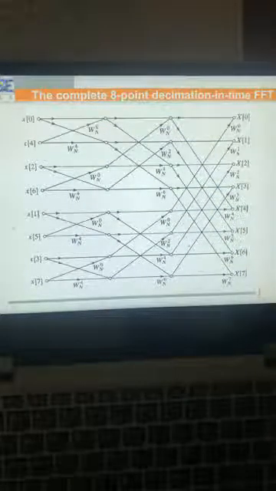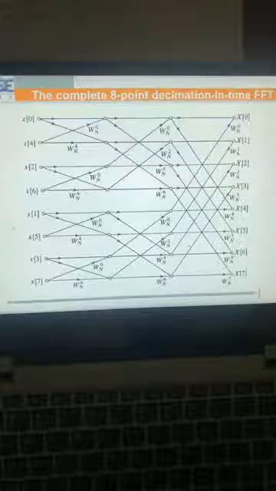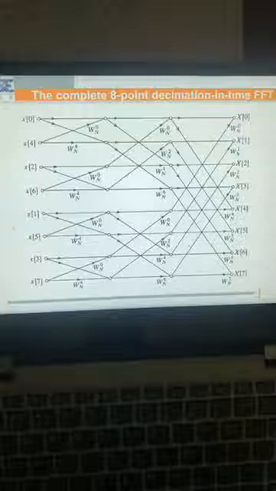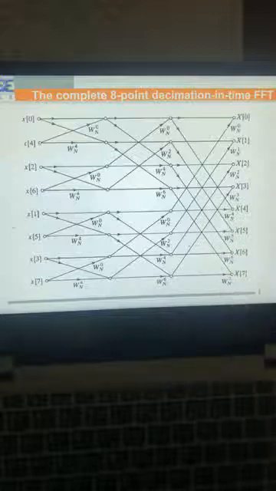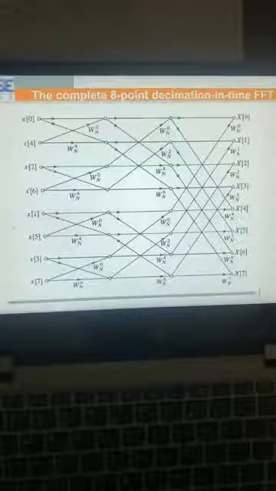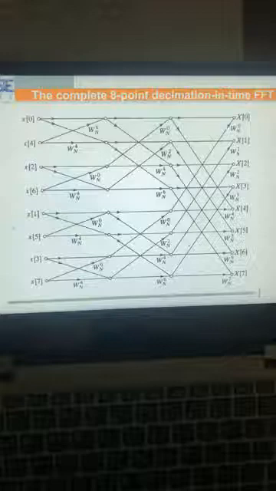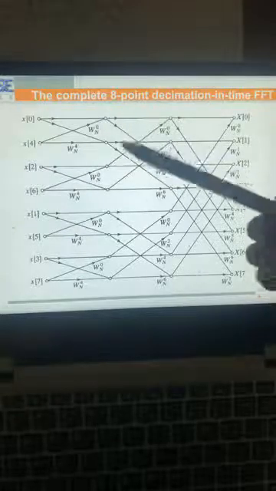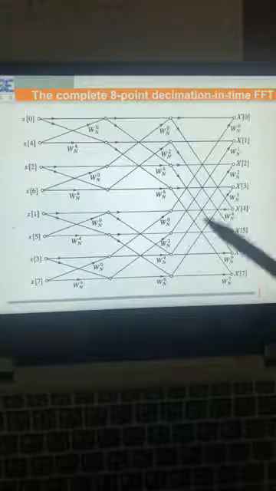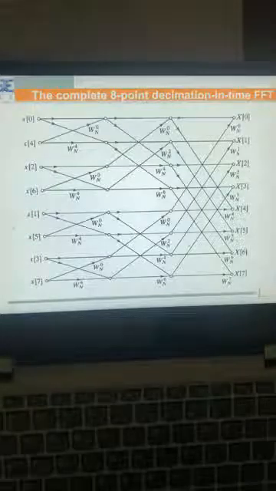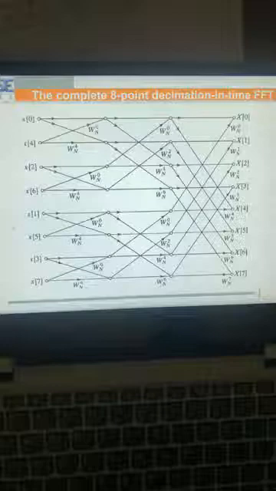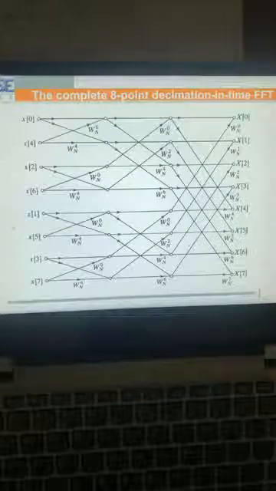Very regular, interesting structure that has helped people come up with interesting algorithms, not only in software but hardware. Even today you will find people doing their PhDs in finding architectures. I was just searching on Google Scholar and people are still developing or innovating in finding interesting architectures to compute FFTs, because FFT is so critical for modern day communication and radars, and even machine learning and pattern recognition.